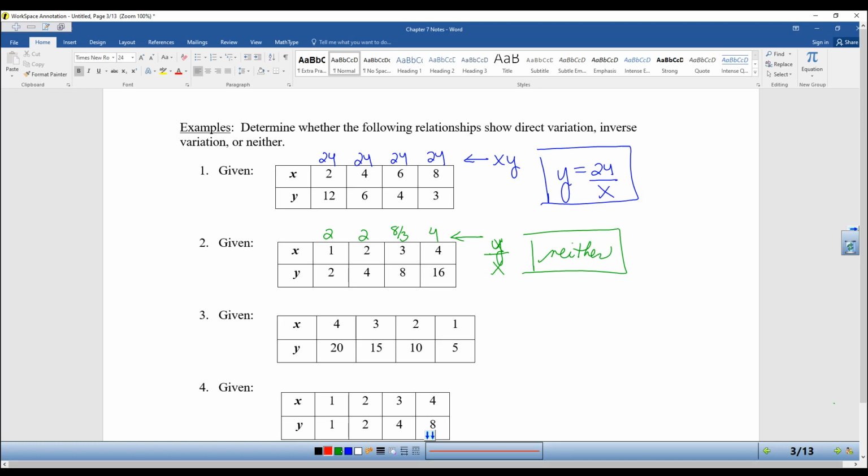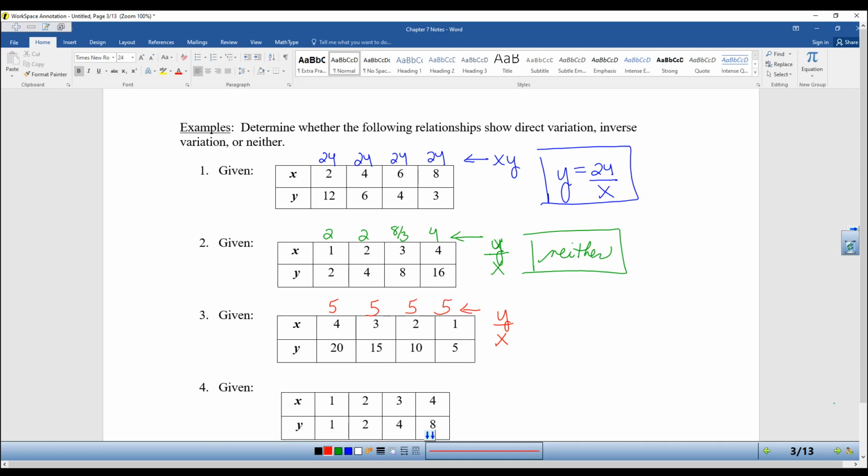Number 3, I see x is going down and y is going down. So it could be direct variation because they're doing the same thing. So I'm going to do my y over x again. 20 divided by 4 is 5. 15 divided by 3 is 5. I'm not going to get my hopes up because last time they were dashed. 10 divided by 2 is 5.